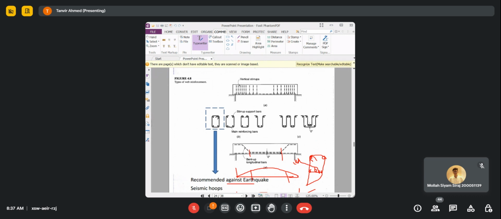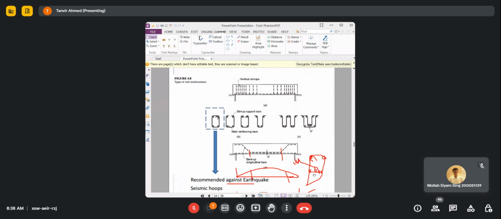We said that, for example, if you have 4 tension bars in the bottom and 2 compression bars on top, and all your longitudinal bars are surrounded by the stirrup, then you can bend or crank the bottom bars.